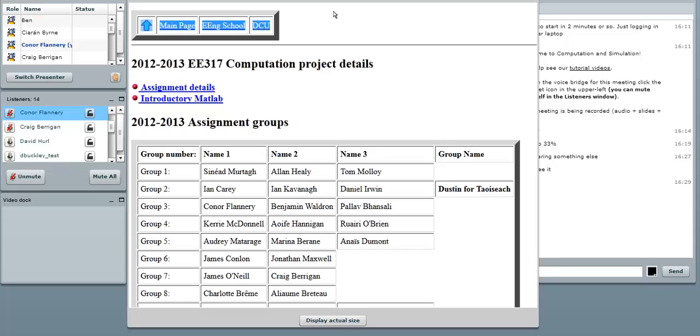Whatever you want to call it. It just makes it easier for me to remember the teams. I can't remember who's in group 2, I can't remember who's in group 17, but I can remember who's in Justin for Taoiseach or whatever your name might be. It could be flippant, you can call it after your first pet if you want, or whatever you want to call it.